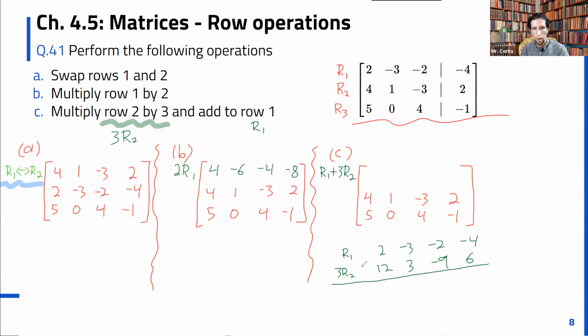And then we are adding these 2 together. So 2 and 12 is 14. Here is 0, here -11, and then here +2. So there's our result, 14, 0, -11, and 2.